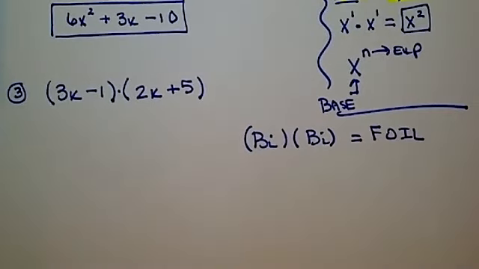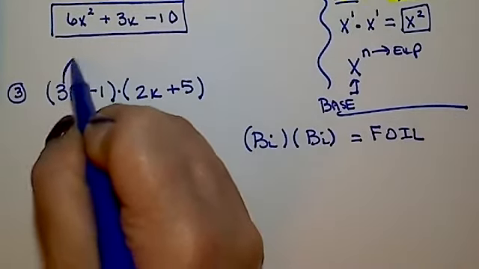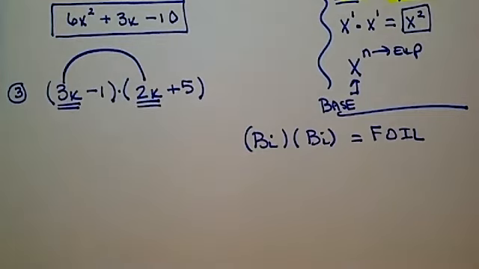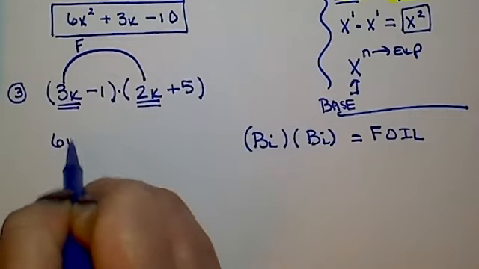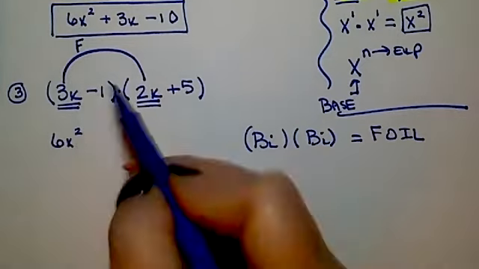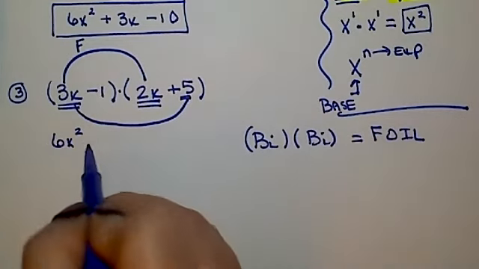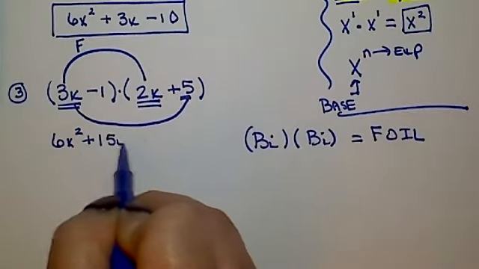We did this in class the other day, but I'm going to review that again. So we have 3x times 2x. That would be your first terms. That would be 6x to the second. 3x times 5 would be 15x.